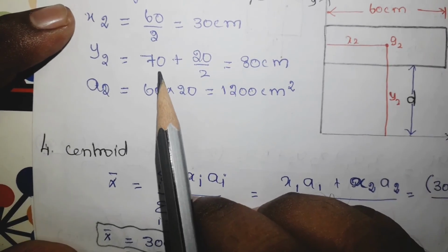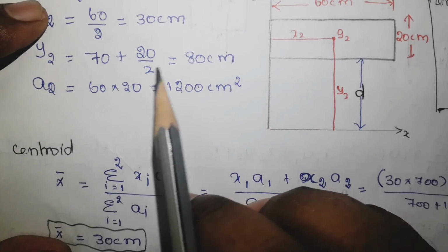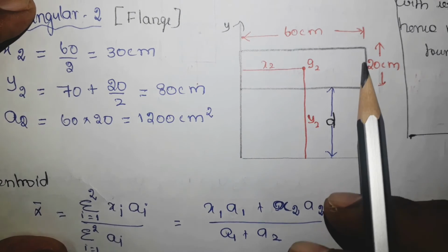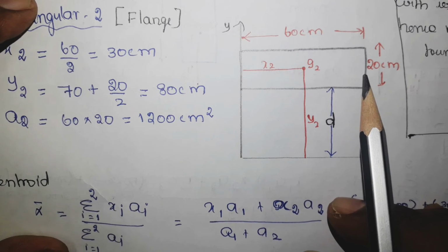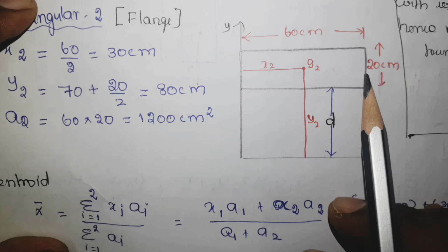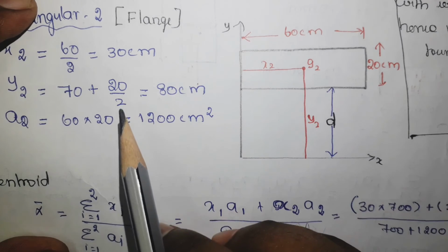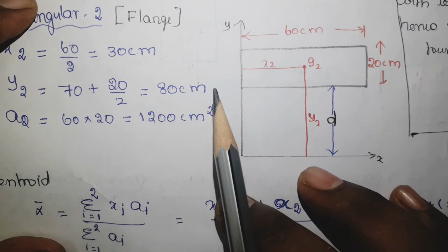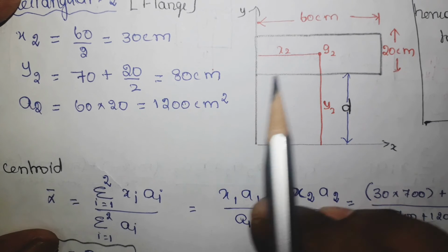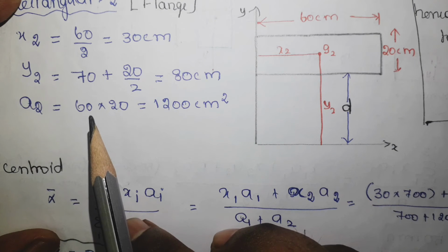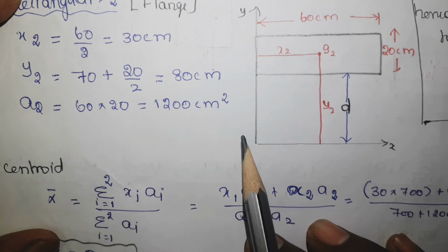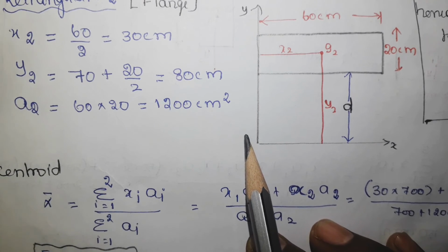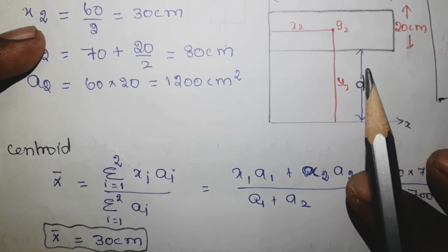So 70, this distance d, plus, since the rectangle has a breadth of 20 centimeter, 20 by 2, totally you will get 80 centimeter. Now the area can be found easily, 60 into 20, which is equal to 1200 centimeter square. So this is the second work.